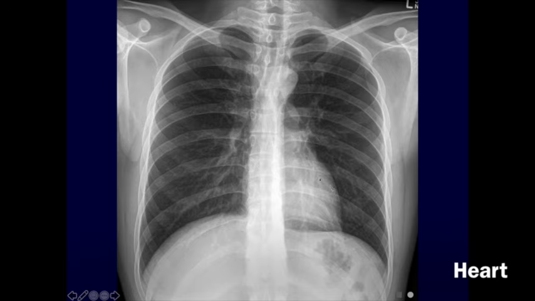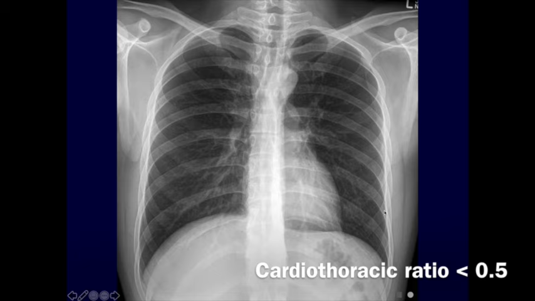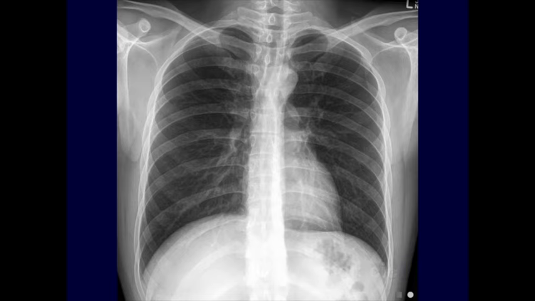I then look at the heart. When I'm looking at the heart, I start by looking at the borders of the heart and the size of the heart. When I'm looking at the size, I'm looking for enlargement. Radiologists commonly use a cardiothoracic ratio on PA films, namely the ratio of the size of the heart in horizontal distance to the size of the entire chest here from pleura to pleura. The cardiothoracic ratio is normally less than 0.5 on a PA film.